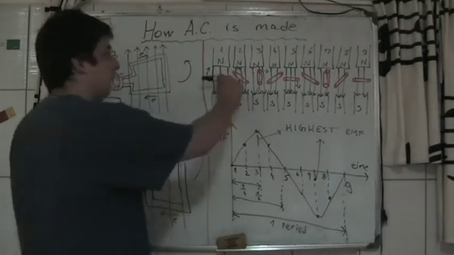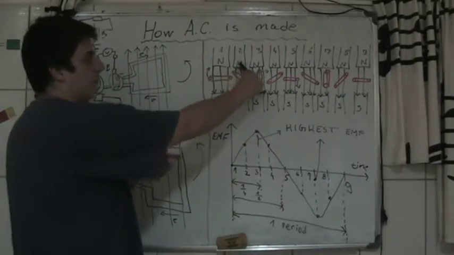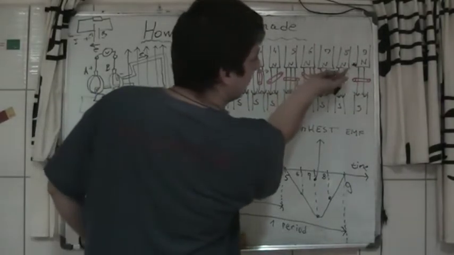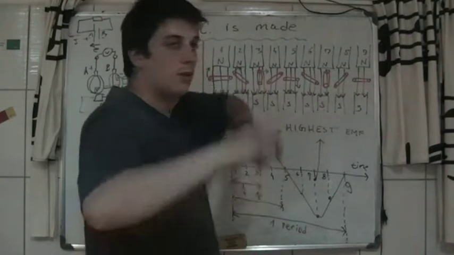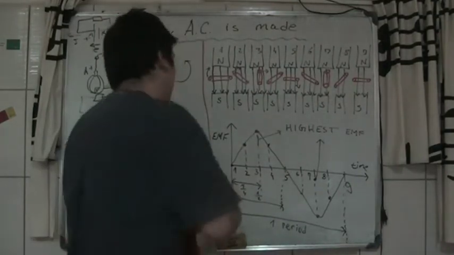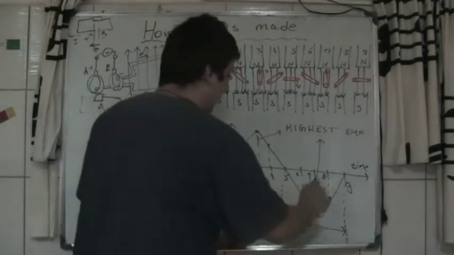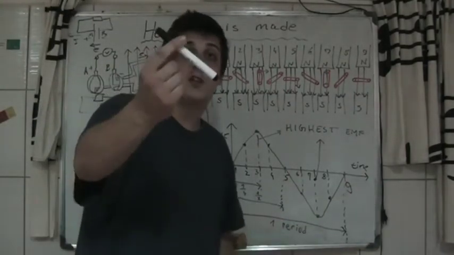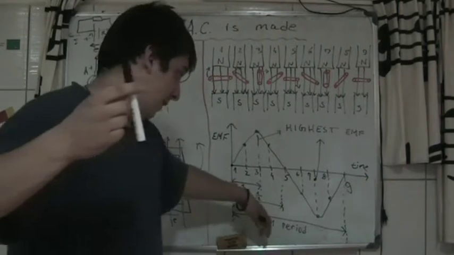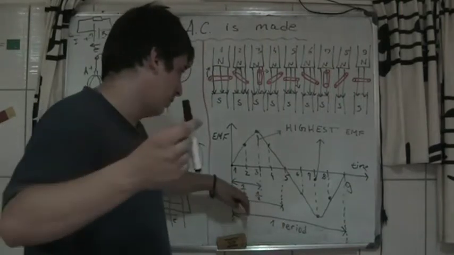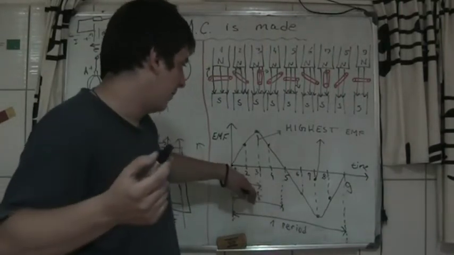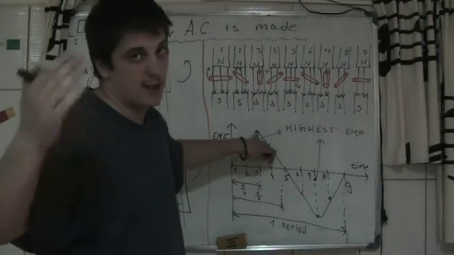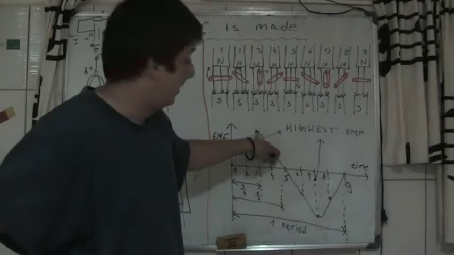As you can see, that is the full turn, full rotation, one rotation. We calculate the one rotation. So 1 period is the full rotation of this conductor, and at 1/4 of the period you have the maximum value of the EMF.